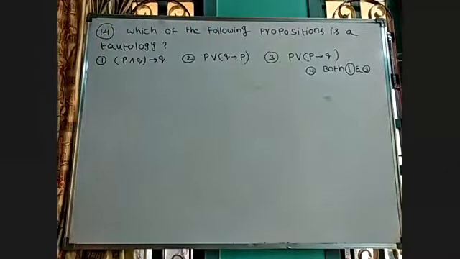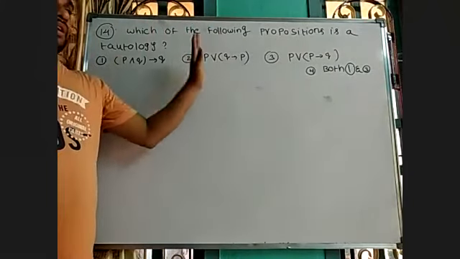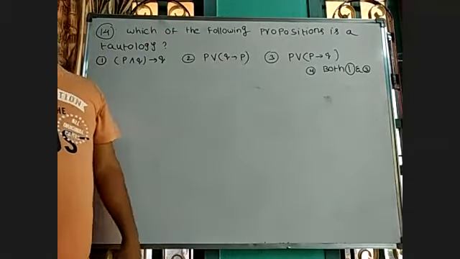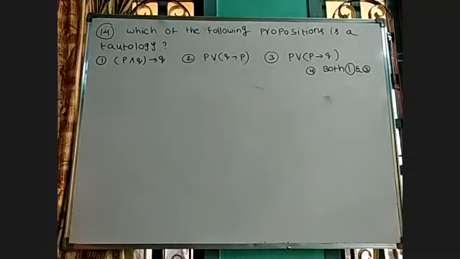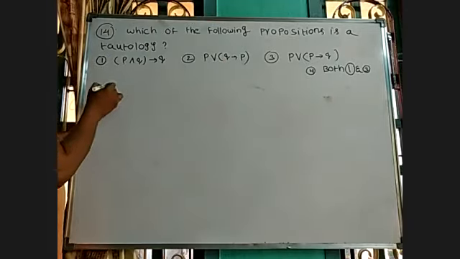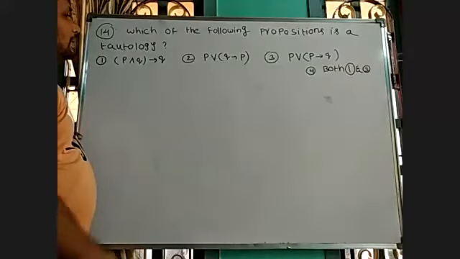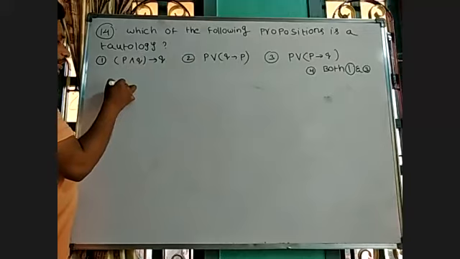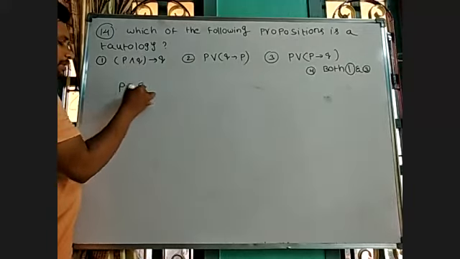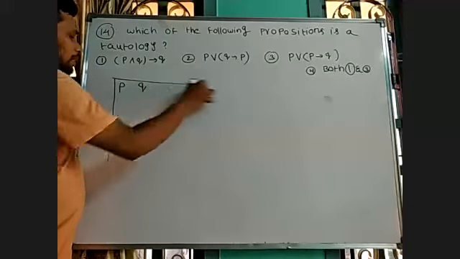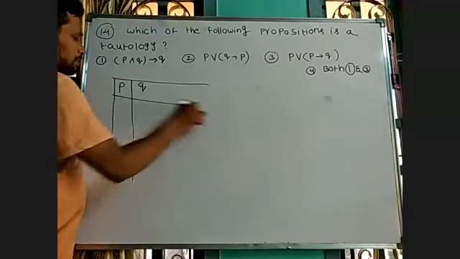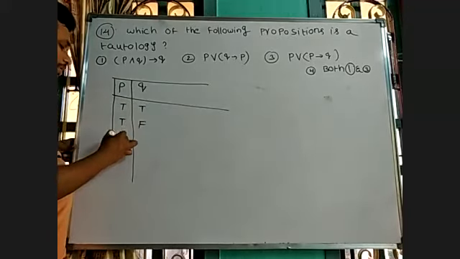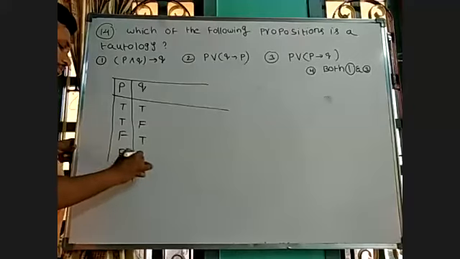See that. First, tautology means in the last column we get all true, we call it a tautology. Okay, first see that I'm solving option one. Before solving option one, see that now there are no negations. That's why I'm solving only with respect to P and Q. P I am taking, this is Q. Okay, true, true, true, false, false, true, next, false, false.